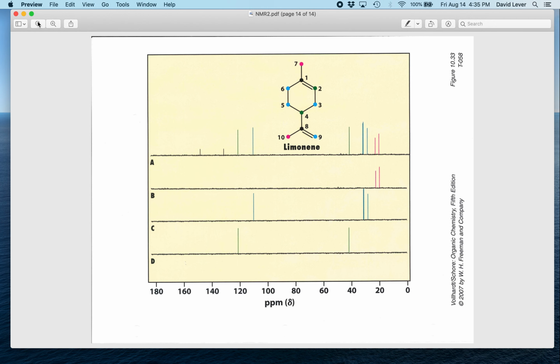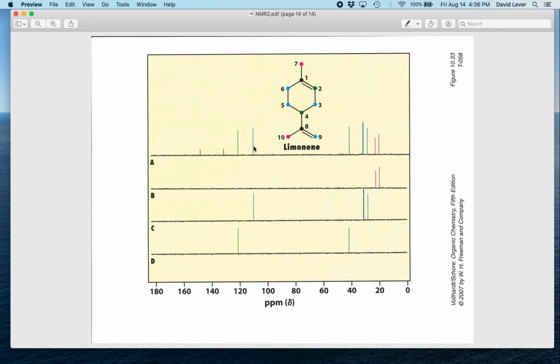And then we talked a little bit about a DEPT, or distortionless enhancement by polarization transfer. Here's the spectrum for limonene, right, the entire spectrum. You'll see that the quaternary carbons, carbon 1 and carbon 8, are quite far downfield. You'll see that the other carbons that are attached to the double bond, right, the carbon 2 is downfield in that region where you expect to see alkenes between 100 and 150.